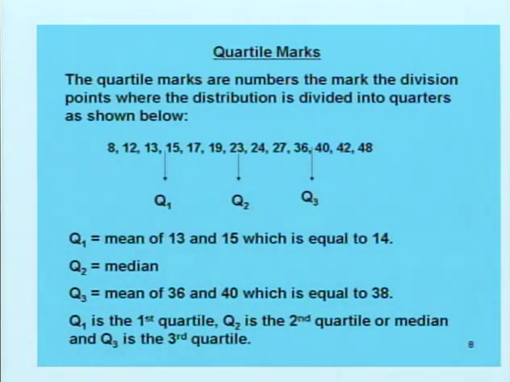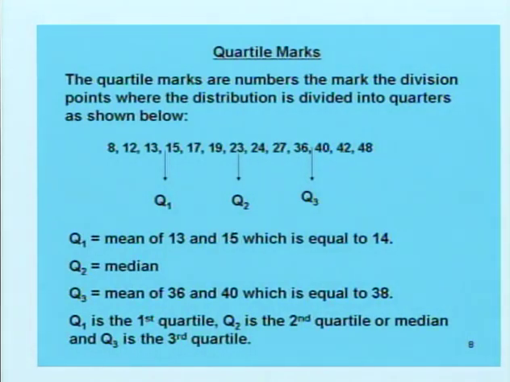The first quartile is the mean of 13 and 15, which is equal to 14. That is, if we add 13 and 15 and divide by 2, we will get 14. Q2, as mentioned, is the median or the middle score. Q3 is between 36 and 40.